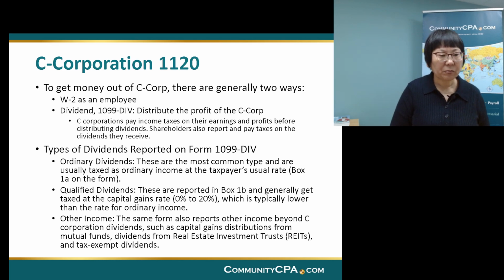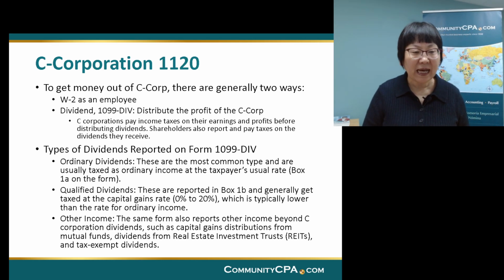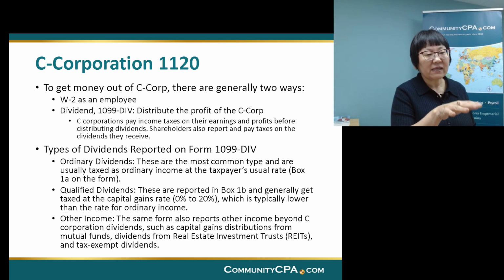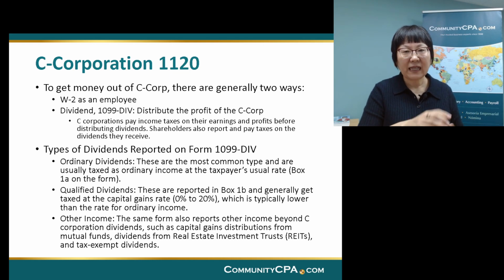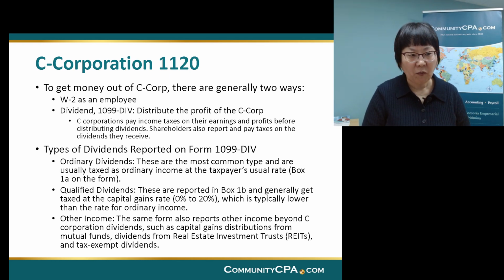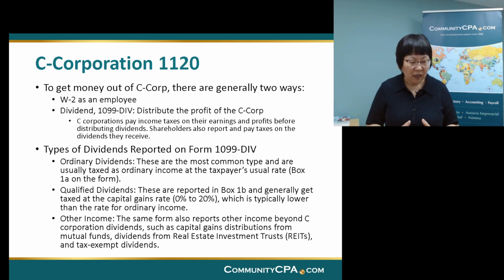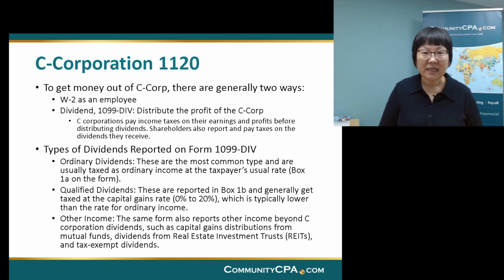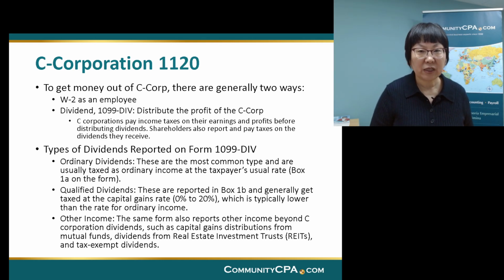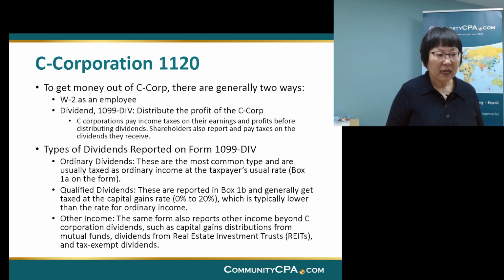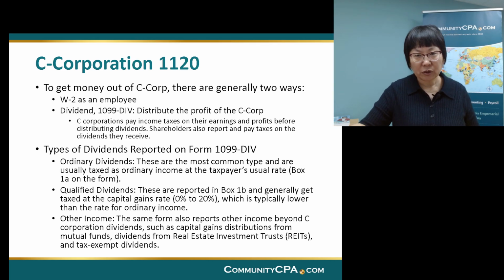The type of dividend is reported on the form 1099-DIV, that is the dividend that comes out of your corporation. So most domestic companies, like companies operating and producing in the U.S., when you distribute a dividend, it is not only an ordinary dividend, it can also be a qualified dividend.